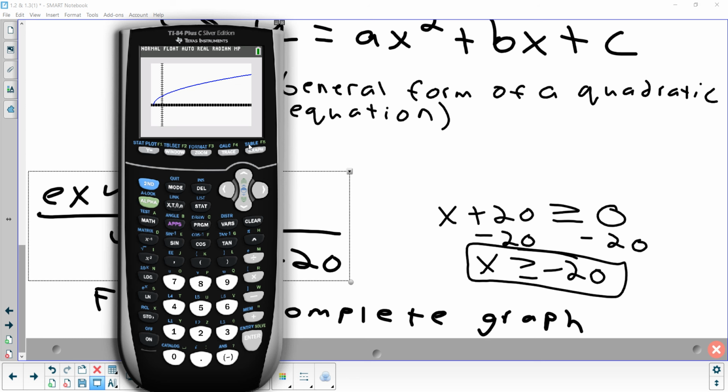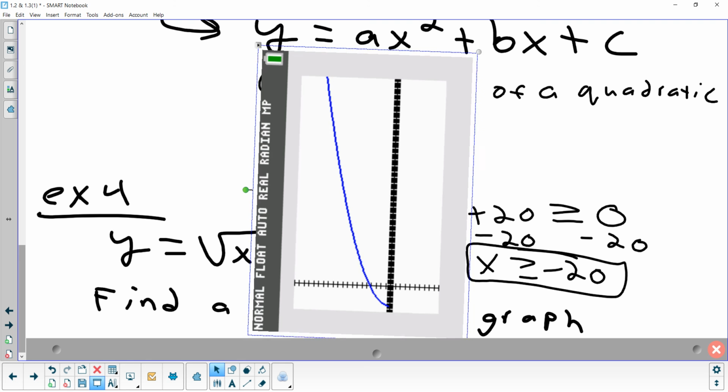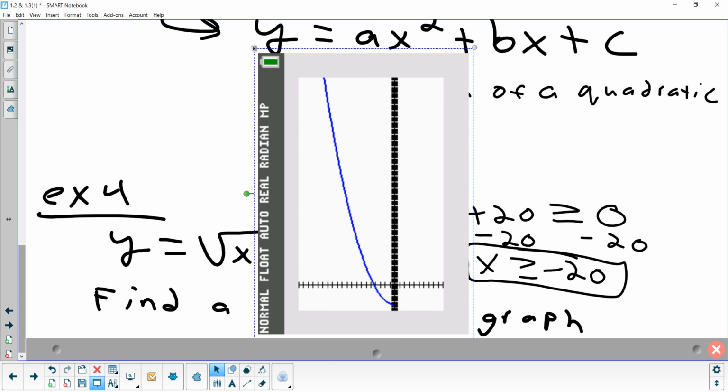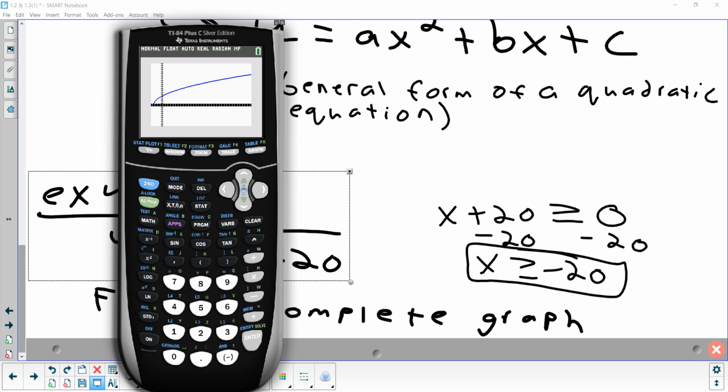Almost like part of a shape? What if I did that? Yeah. It's half a parabola. Yep. It's half of a parabola. That's what a square root function is. It's a parabola on its side.